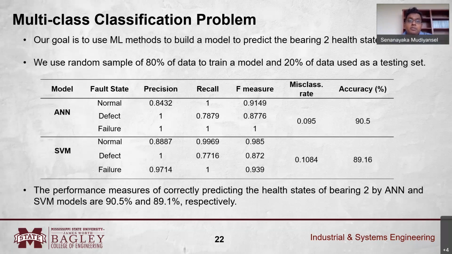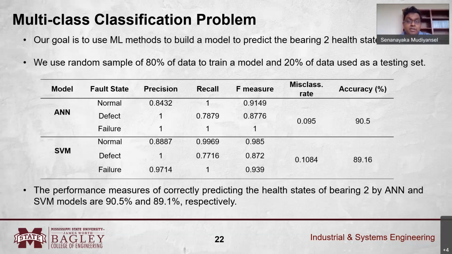So we use a random sample of 80% of data to train a model, and the remaining 20% is going to be for evaluation or testing purposes. Based on the artificial neural network, the misclassification rate is somewhere around 0.095, and the support vector machine ends up with a misclassification rate of 0.108, where we reach an accuracy of 90% for both models.